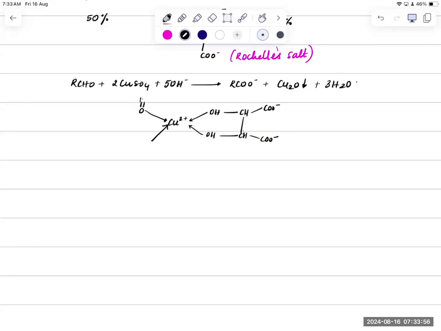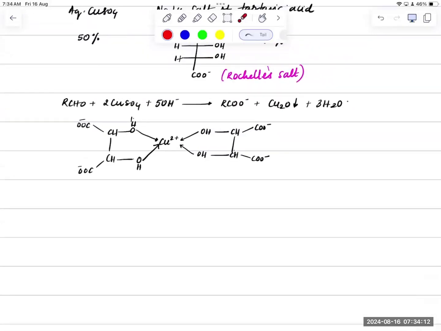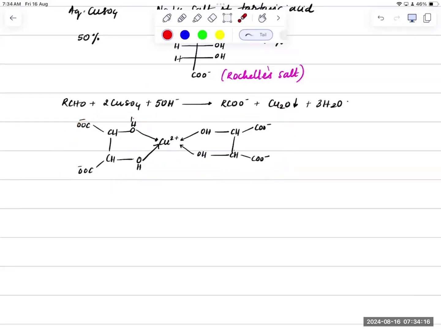So we have OH here and OH here, which is connected with CH, CH, CO minus and CO minus. This is how copper 2 plus always exists in complex before the reaction. That's how it will be stabilized. That's the reason why we add Rochelle salt. As long as we have a stable complex, then it will slowly react with aldehyde and reduce itself to Cu2O.